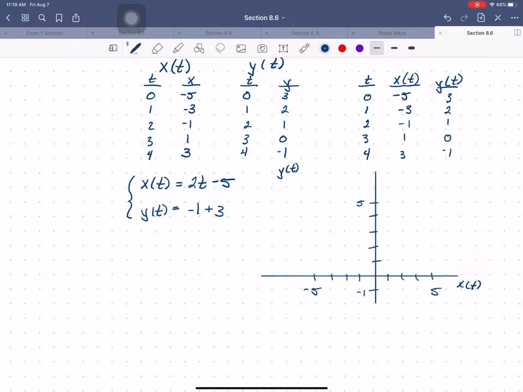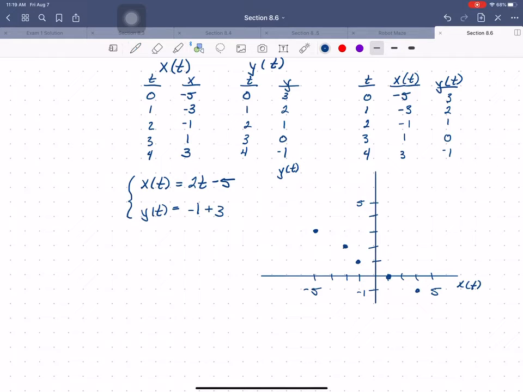So when x is -5, y is 3. When x is -3, y is 2. When x is -1, y is 1. When x is 1, y is 0. And at x equals 3, y is -1.